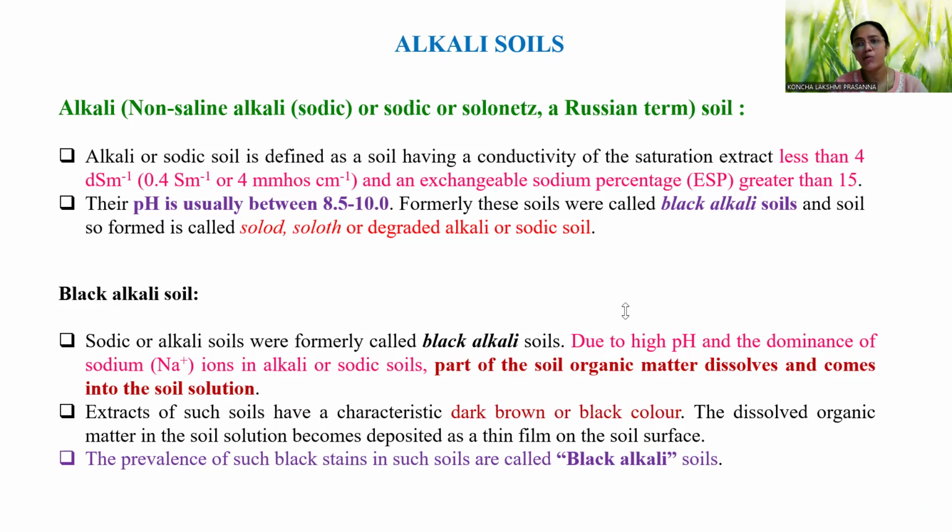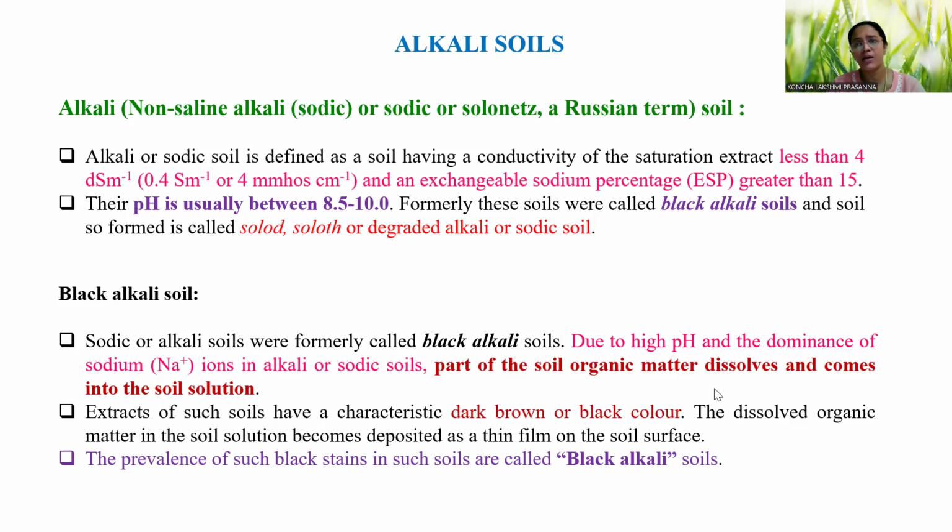Due to the presence of a high amount of sodium ions at higher pH, partial dissolution of organic matter occurs in the soil solution. When there is partial dissolution of organic matter, the extract of that soil appears dark brown or black in color. The dissolved organic matter in the soil solution becomes deposited as a thin film on the soil surface. The prevalence of such black stains in that soil is termed black alkali soil.